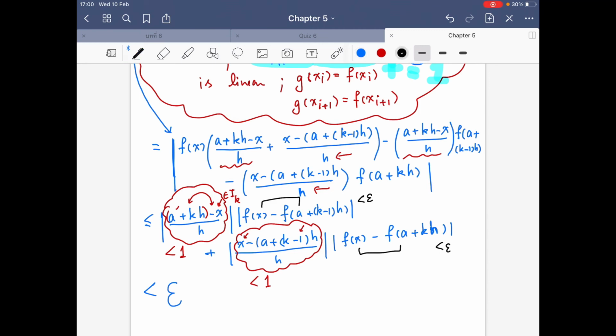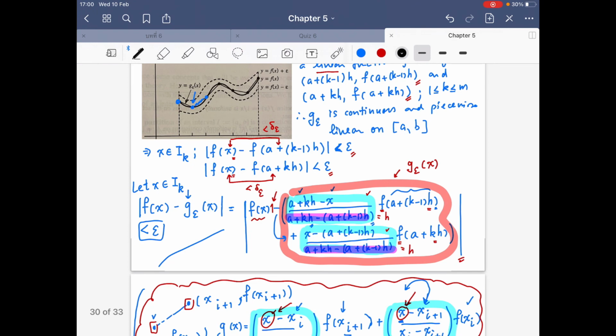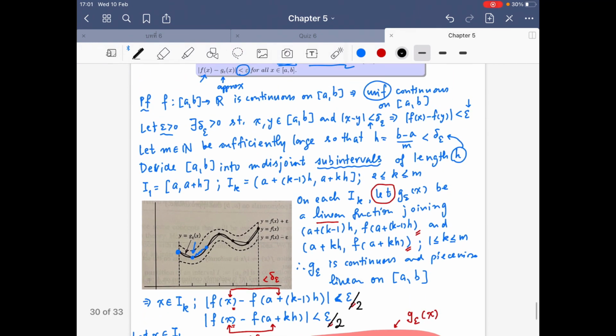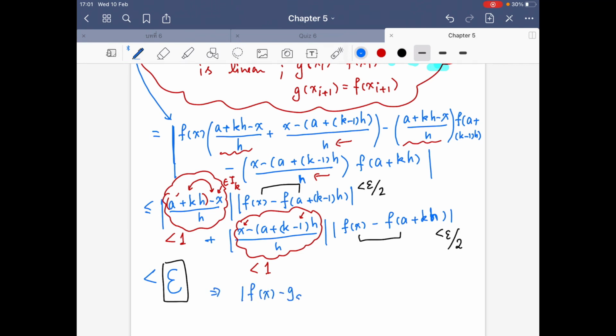So at the end we are going to adjust your length a little bit: instead of using the epsilon itself, we are going to divide your epsilon by 2, so that as you add them up you get the epsilon at the end.